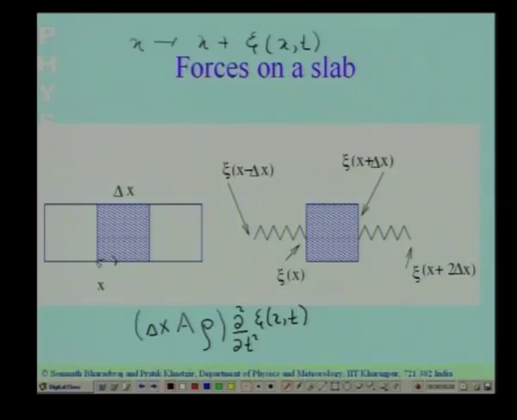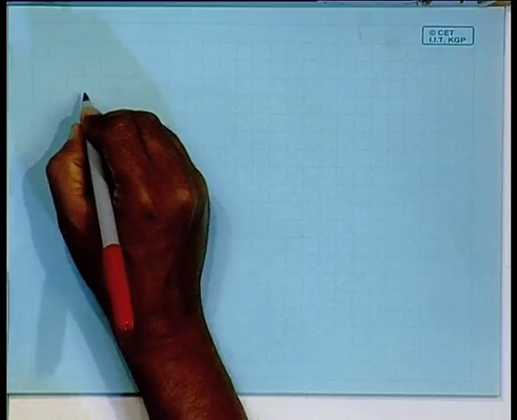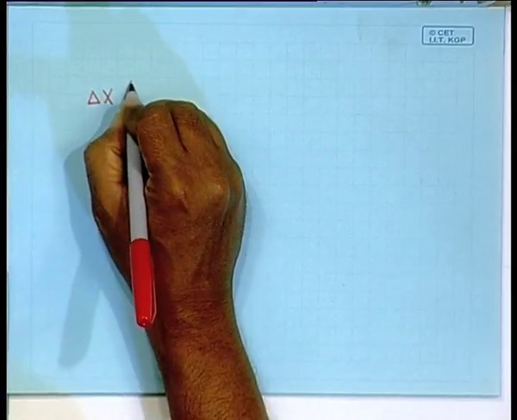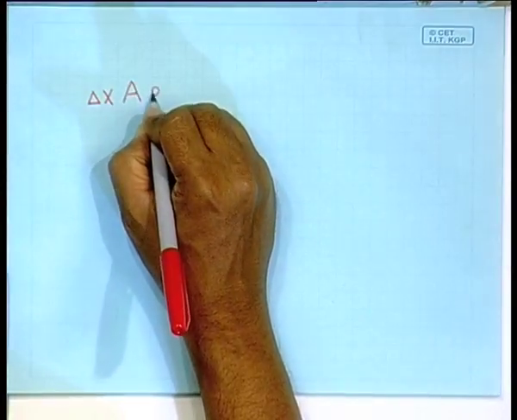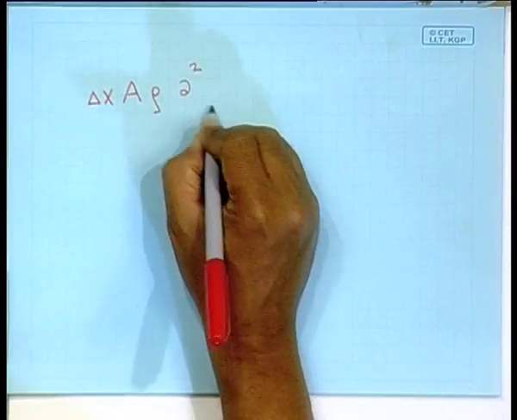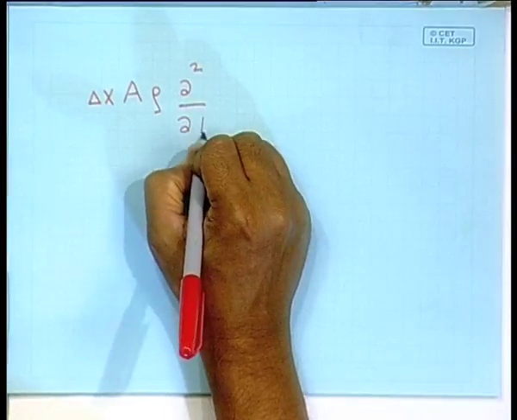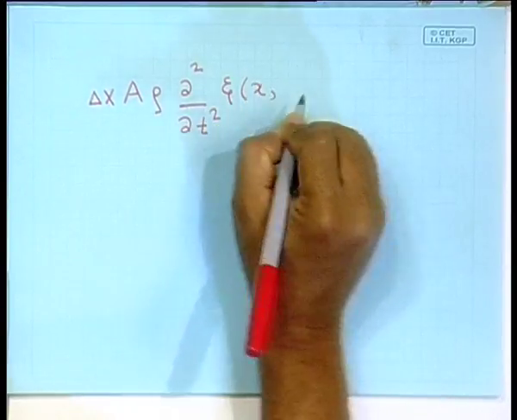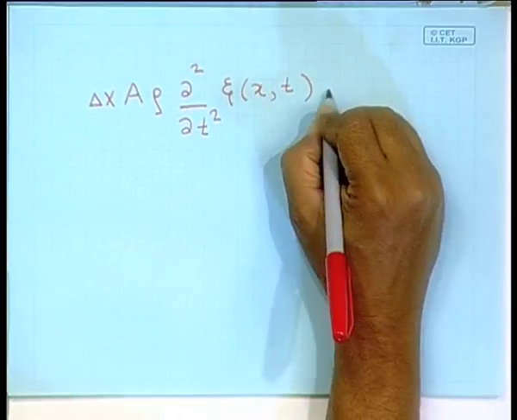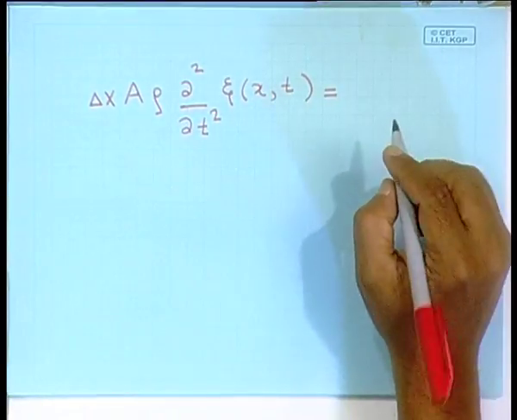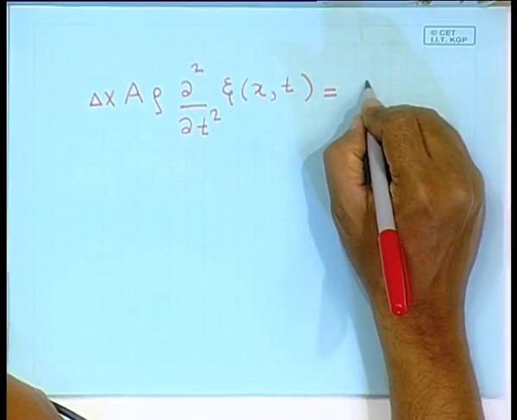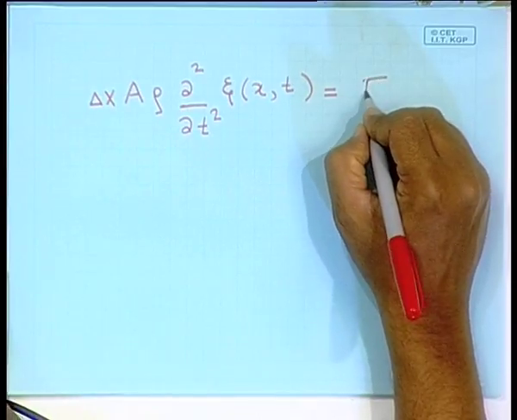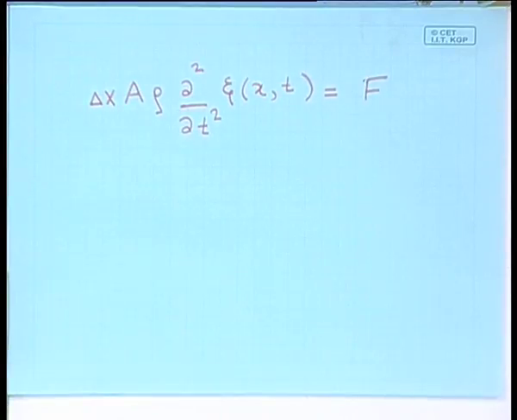We have calculated the mass into the acceleration for the mass element in the rod which we are focusing on, and the mass is delta x into A into rho. Mass into acceleration should be equal to the total force acting on that element.